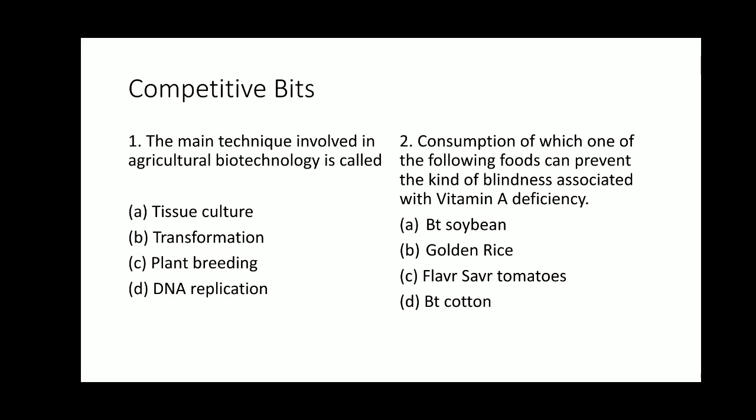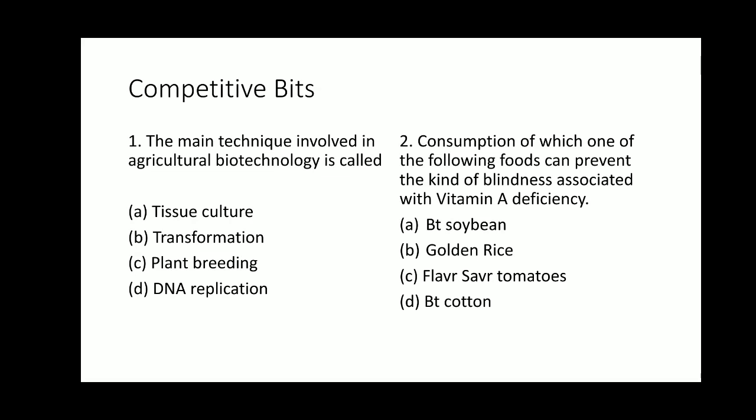Externally, in an artificial nutrient medium, we develop that small part of the plant into a whole plant, which is known as regeneration of the plant. That process is known as tissue culture. So option A, tissue culture, is the right answer.